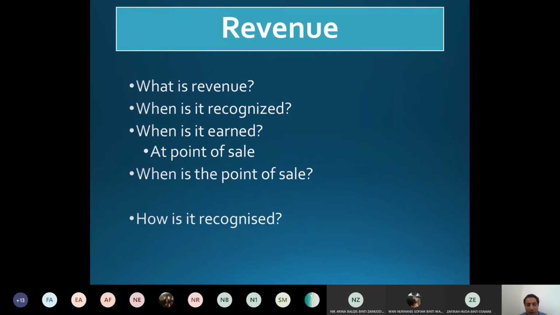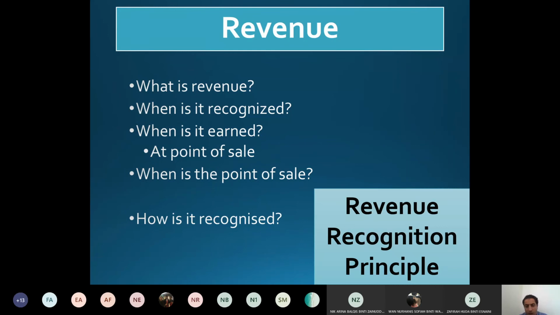So how is it recognized? Revenue recognition principles are among the accounting principles that we study. I believe everyone is aware of it, but just for refreshing this information, most of the companies or most of the countries follow the accrual recognition, or the accrual principle.